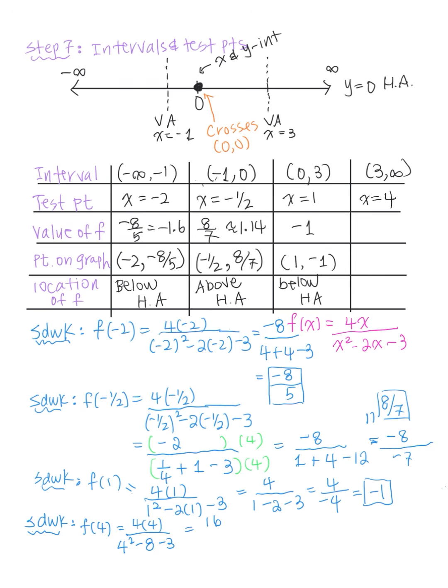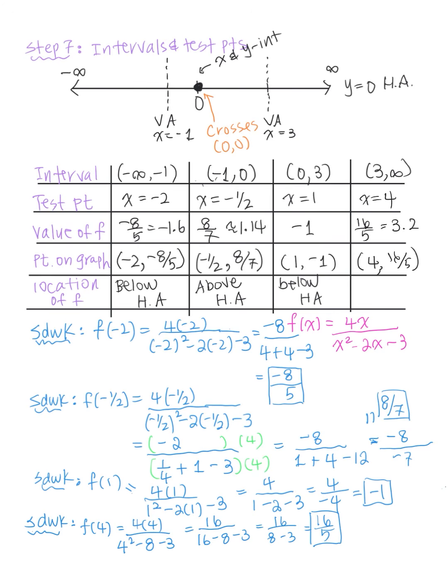So we have 16 over 16 minus 8 minus 3. 16 minus 8 is 8, 8 minus 3 is 5, so it's 16 over 5. When x is 4, our y value is 16 over 5, which is exactly 3.2. So the point on the graph is 4, 3.2, which is 16 over 5.